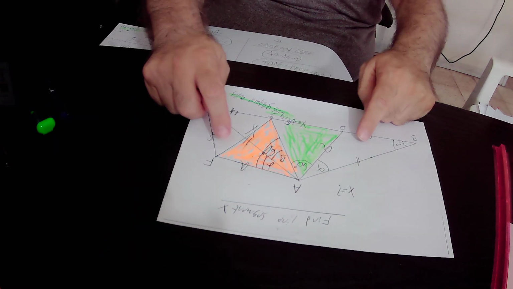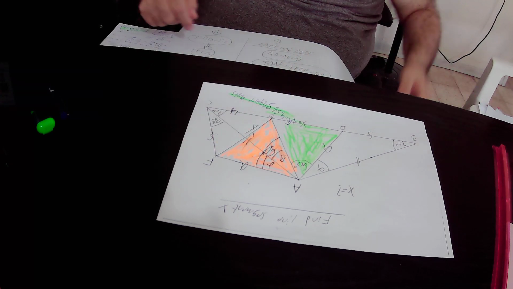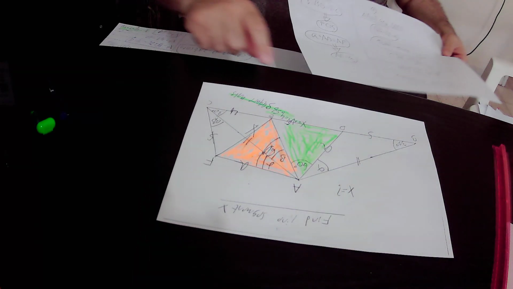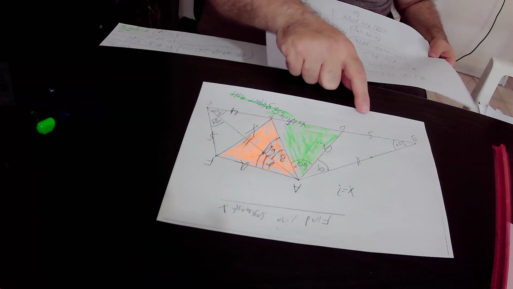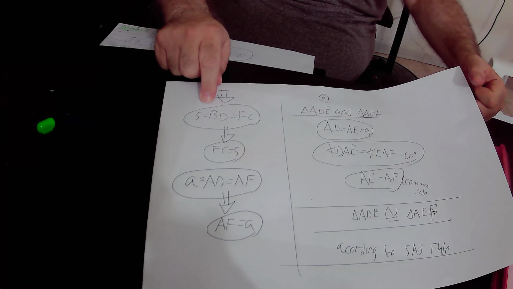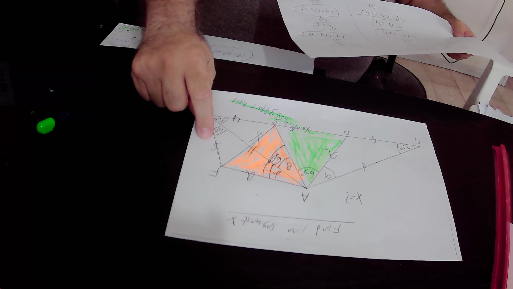So BD equals FC. But according to what is given in the question, BD equals 5 units. And from this equation, 5 equals BD equals FC, we will derive that FC also equals 5 units.